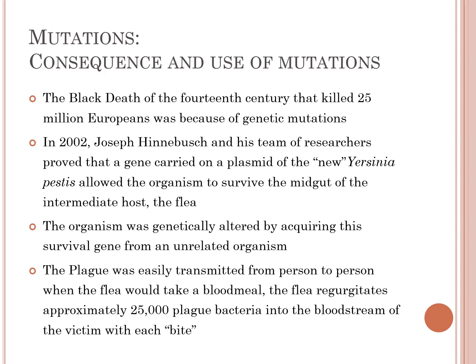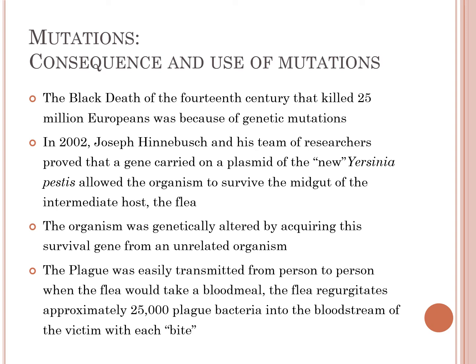Now, there can be several good and bad consequences because of mutations. For example, the Black Death, which is caused by Yersinia pestis of the 14th century, killed 25 million Europeans, and that was because of genetic mutations. In 2002, Joseph Heinebusch and his team of researchers proved that the gene carried on a plasmid of the new Yersinia pestis allowed it to survive in the midgut of the intermediate host, which is the flea.